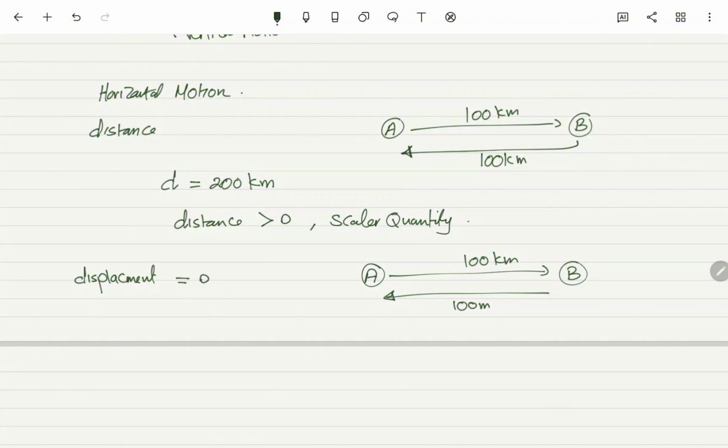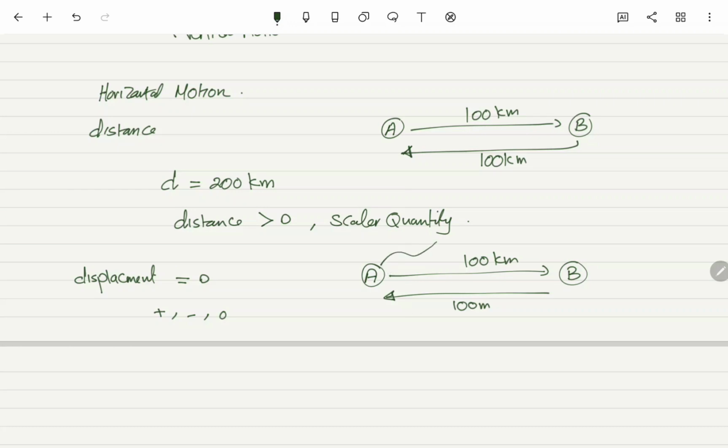From this, we can tell that displacement could be positive, negative, or even 0. In displacement, we care about the initial and final position. We don't care about the path itself.